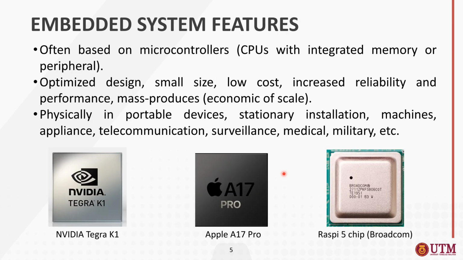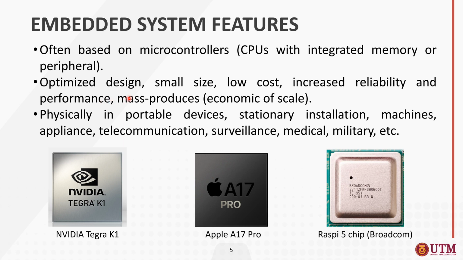Right. So next is the embedded system features. Inside the embedded system, it is often based on microcontrollers. Okay. So microcontroller is actually a CPU with integrated memory or peripherals. Right. So for embedded system, the size is actually small. The design has been optimized, and the cost of embedded system is low, right? Because they wanted to increase the reliability and the performance.